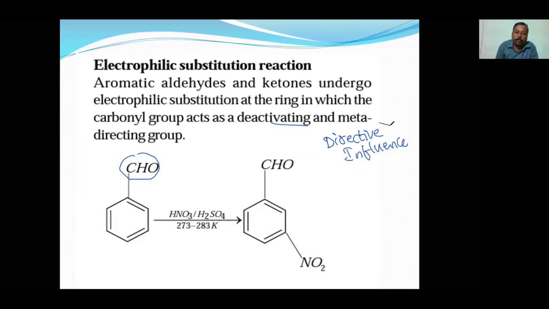That I am telling you. Understand it very, very nicely. See, NO2 plus wants to come here. But where NO2 will go will be decided by the aldehyde. So the deciding ability of this aldehyde is called directive influence.